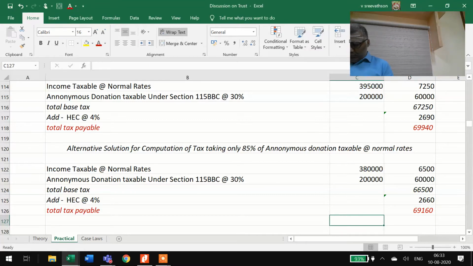Sir, a general doubt in trust. An amount which is due but not received, we are reducing it after reducing the donations by 15%. Shouldn't we reduce that as corpus donation? We are reducing total donations and then minusing 15%. I got your point.